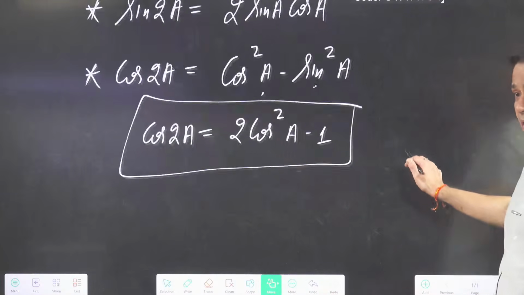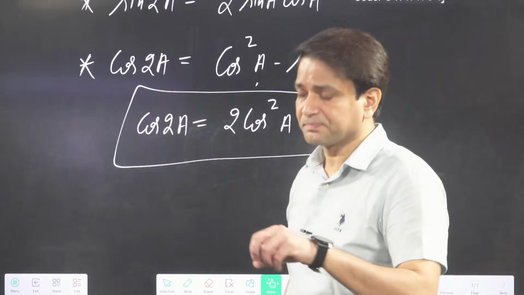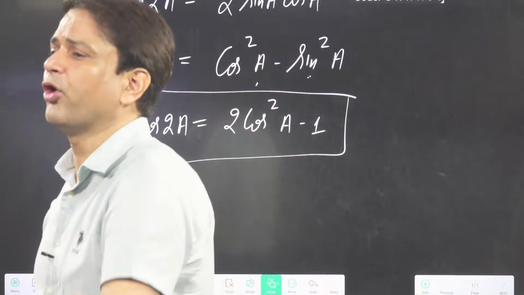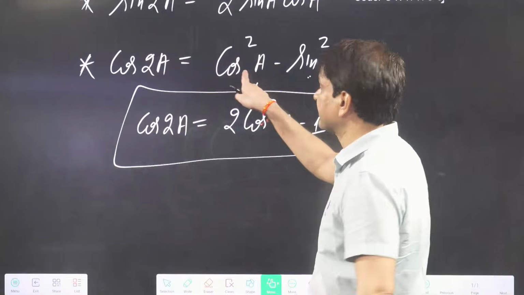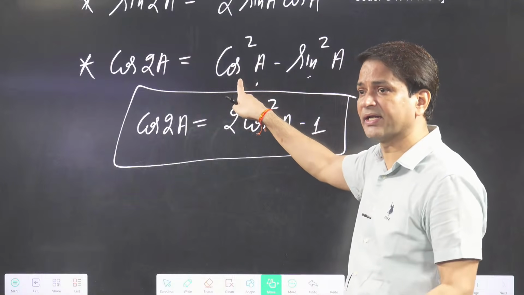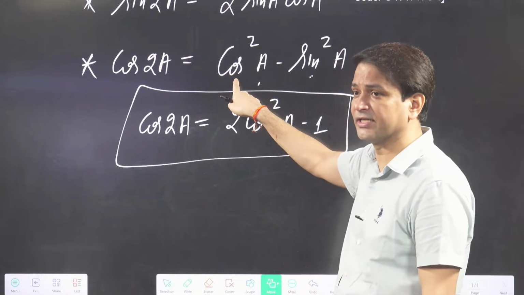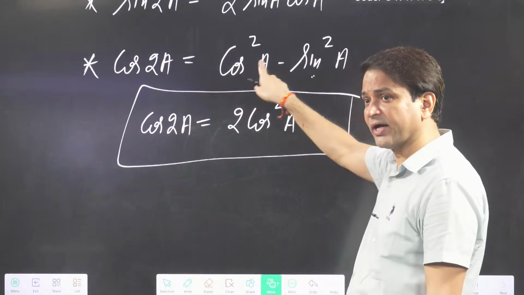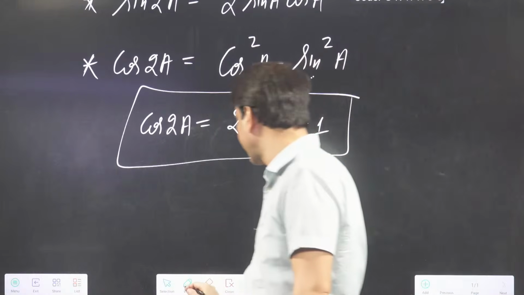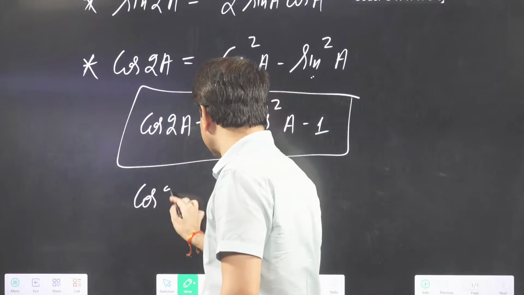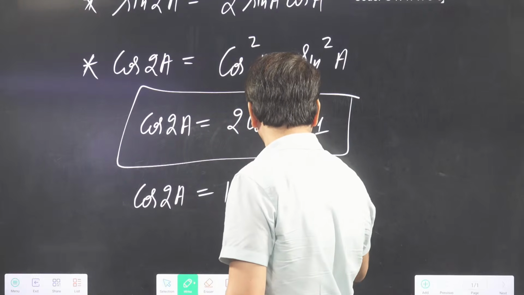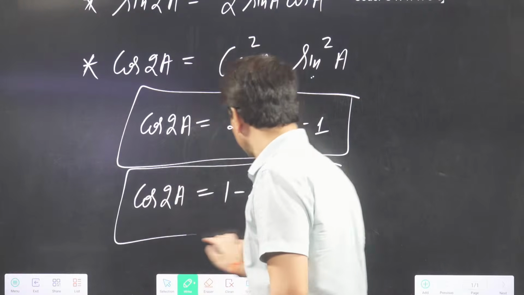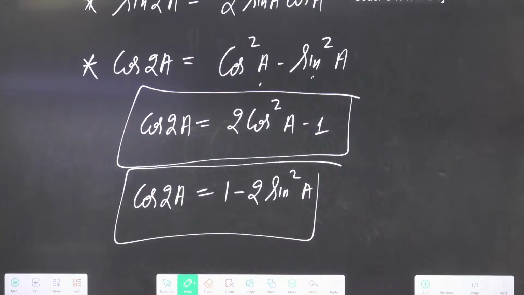Second, if I want to write the same formula in terms of sine A only, then this cos square A I can write as 1 minus sine square A. So 1 minus sine square A minus sine square A, what will I get? Cos 2A is equal to 1 minus 2 sine square A. So these two formulas we mainly have to remember.